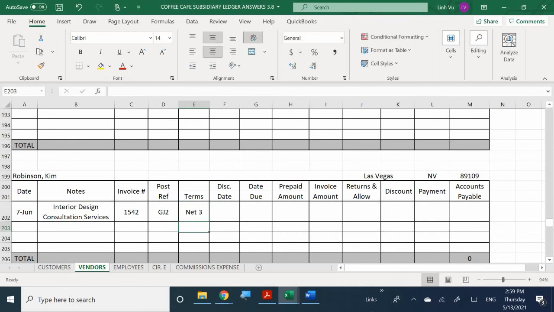That tells me that even if there are no terms or no discount given to me, the whole bill is still due in 3 days. So the discount date, obviously, there's none. However, you still have a due date. How can you figure this out?